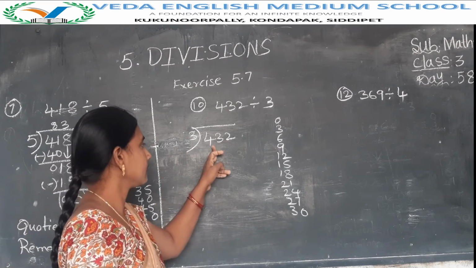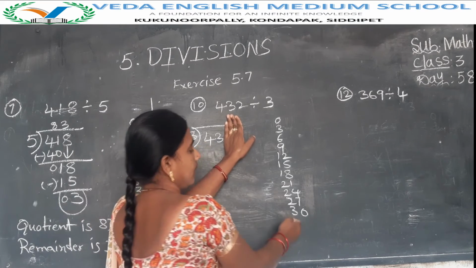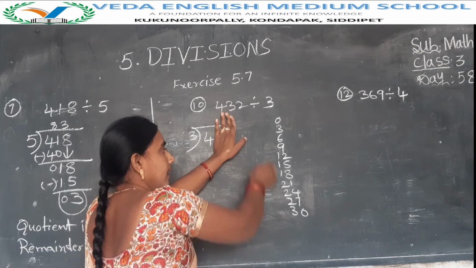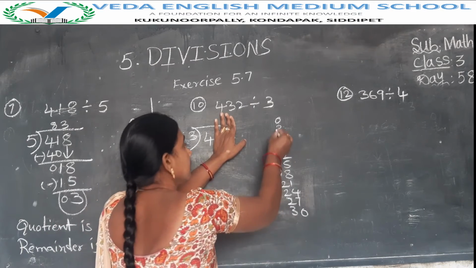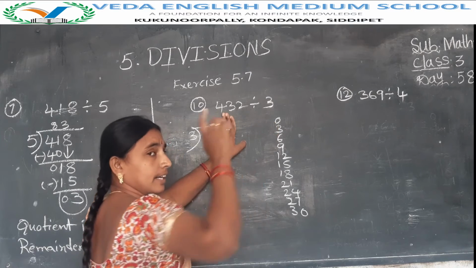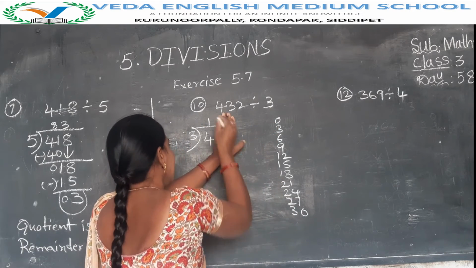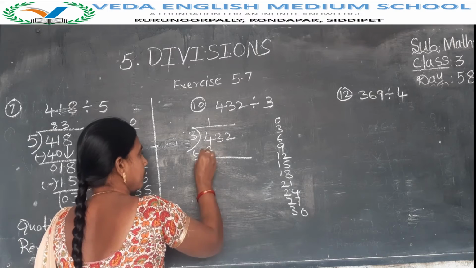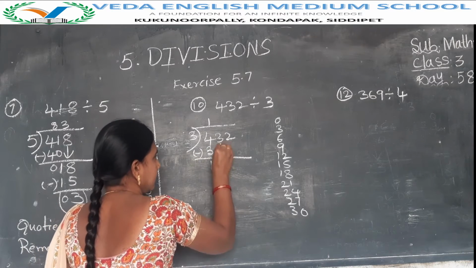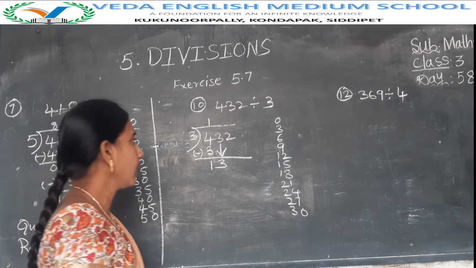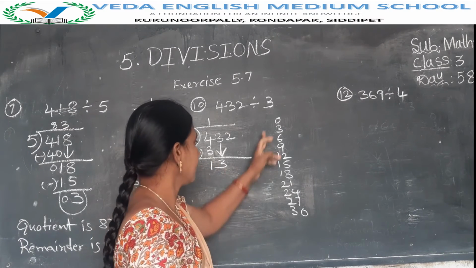Now take 2 digits. But 43 is above the table's limit of 30. So now take only 1 digit, that is 4. Now find the number nearest to 4. See 3. How many times in this table? 1 time 3 is 3. So 3 ones are 3. Now subtraction, 4 minus 3 is 1. Bring this digit down, now here 13. Find the number nearest to 13 in this table.